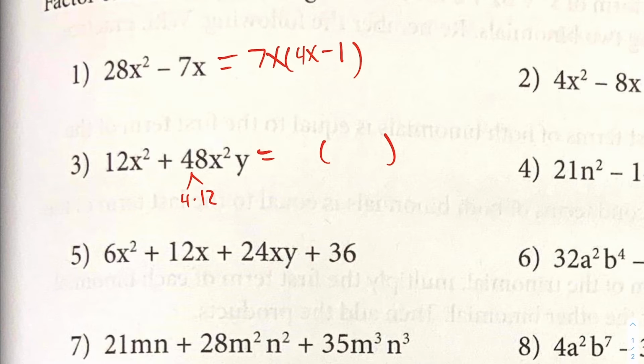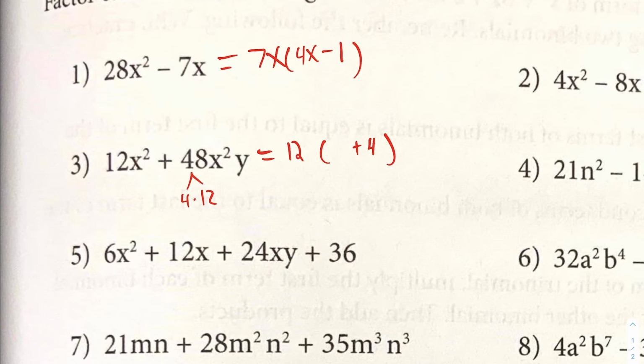So in common between the first term and this second value is a 12. That is the greatest common factor. And 12 times 4, I put it in the wrong spot. 12 times 4 would get us back to 48. So I know that I need a plus 4 on the second term.